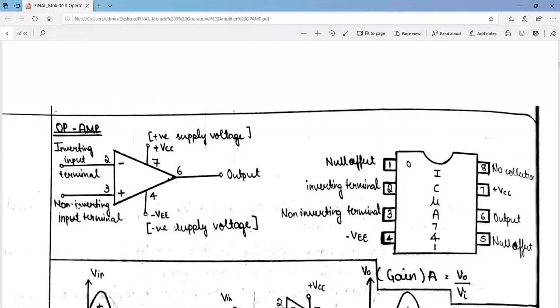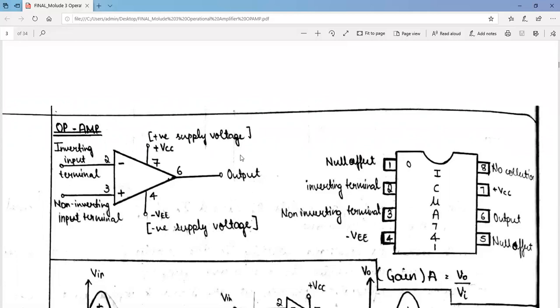Pin number 6 is your output, pin number 4 is minus VEE, which is the negative supply voltage, and pin number 7 is the positive power supply.